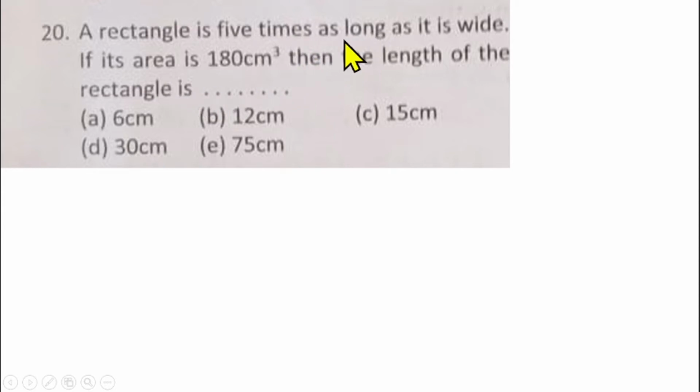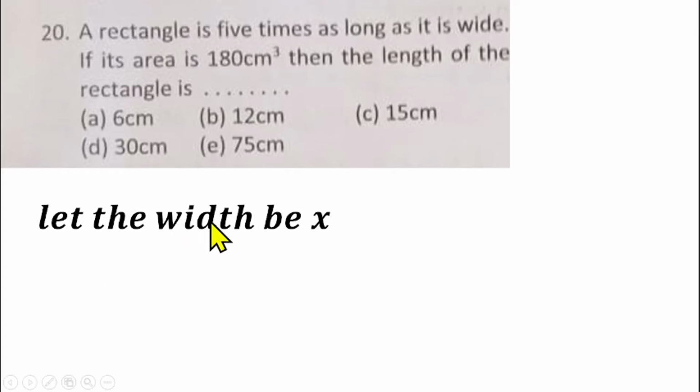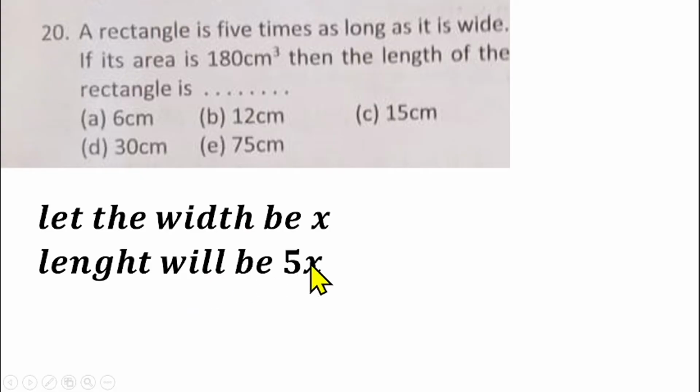That means the length is 5 times its width. That's what they are trying to say there, although there's a typographical error here. So if the width is x, the length will be 5x. You can say let the width be x, that means the length will be 5x. We are told that the area of the rectangle is 180.